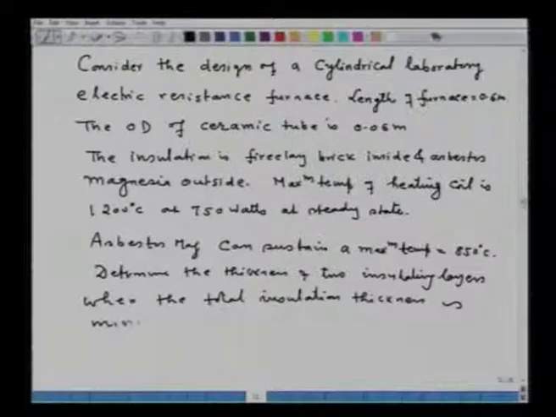Now, that is very important: you have to find out the thickness of both layers at which the total thickness is minimum. That is where the key of the problem lies.